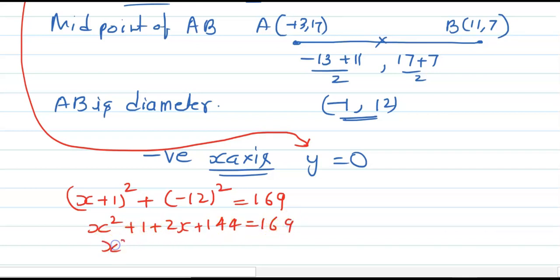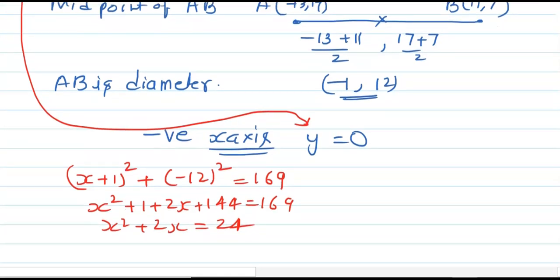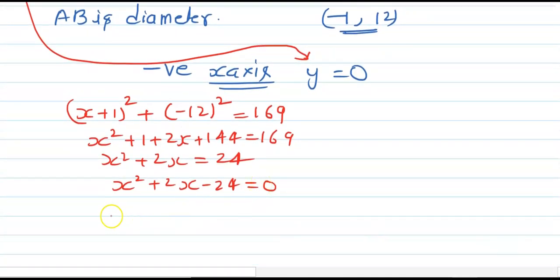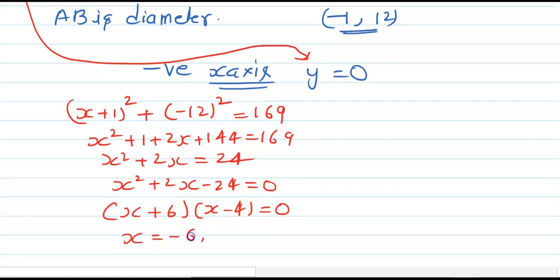So x square plus 2x minus 24 equal to 0, and we can factorize it. So it will be x plus 6 and x minus 4 equal to 0. So we got x equal to minus 6 and x equal to 4.